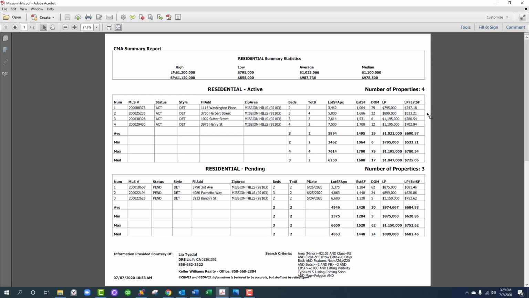And how many homes are active? So there's 4 actives. So we have 1 month, not quite, right? A little bit more than that. 1 month of inventory that if no other homes came, in theory, if we sell 3 a month, it'd take 1 month for those homes to go away.